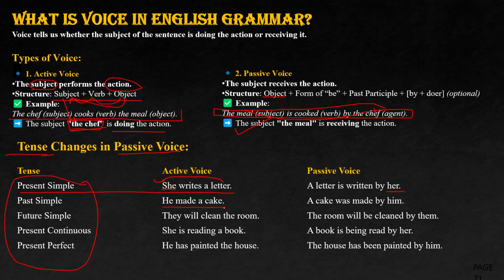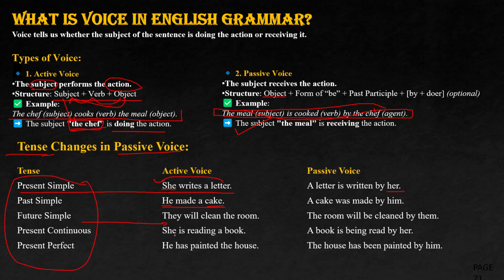Now in the passive, in the past, the cake was made by her. Correct. Similarly, future simple: they will clean the room. If it is simple future, they will clean the room. Now the room will be cleaned by them.